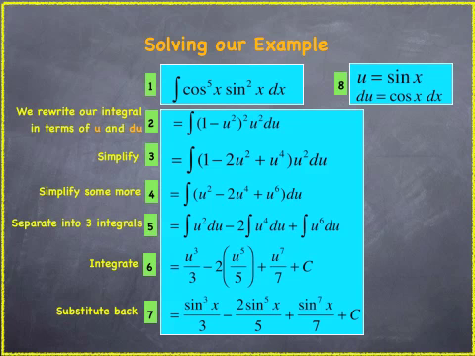In item 4, we distribute the u squared to each term. In item 5, we break up our integral into 3 separate integrals. In item 6, we actually do the integration, and we use power rule to do that. In item 7, we substitute back. In other words, every place u is now in terms of sine. And we have just completed our integral.